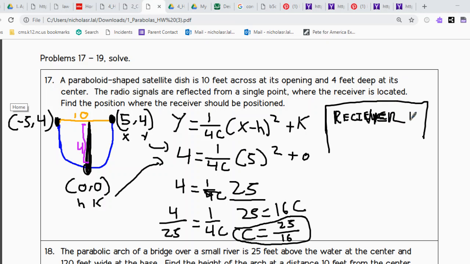So our receiver is 1 focal length away from the vertex.